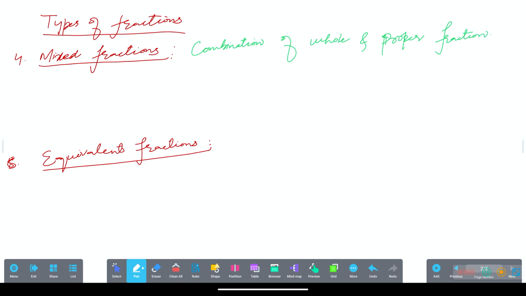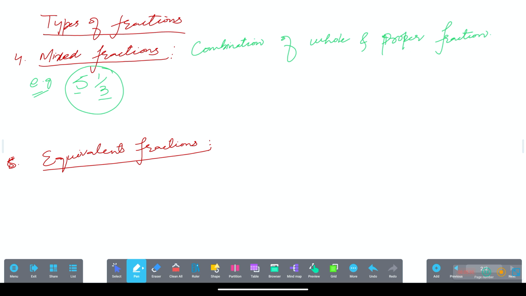Now the example we are carrying here. Let me write 5 1 by 3. You know that 5 is the whole part, and 1 by 3 is a proper fraction, or a unit fraction, we can call it as well. So their combination is known as a mixed fraction because it is the combination of a whole part and a proper fraction part.